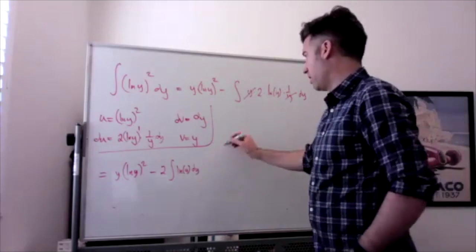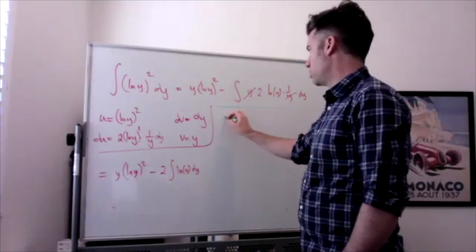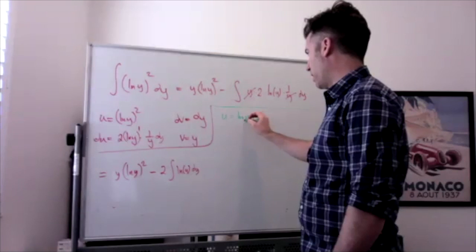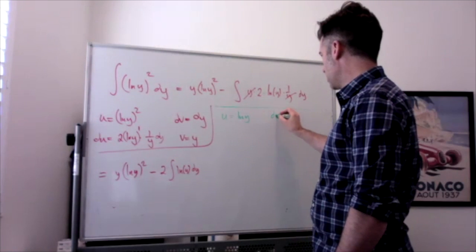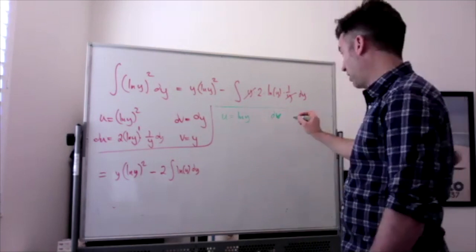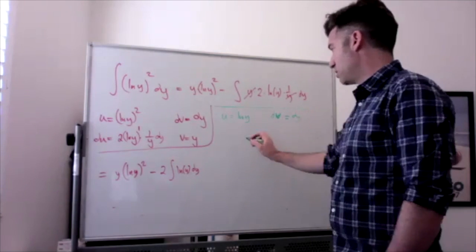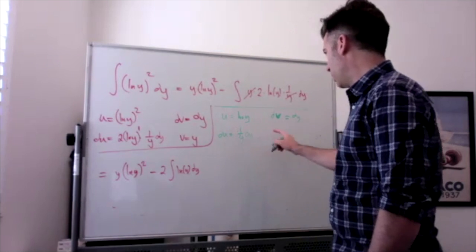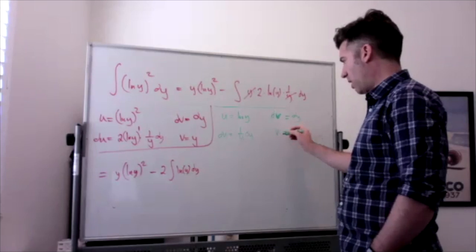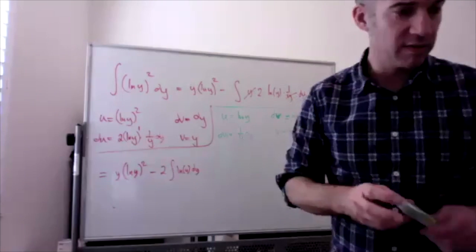And here we're going to let u equal the natural log of y. dv is going to be the rest, which is still dy. du is going to be 1 over y dy. And v is going to be y once again. I think this pen is reaching the end of its life here.